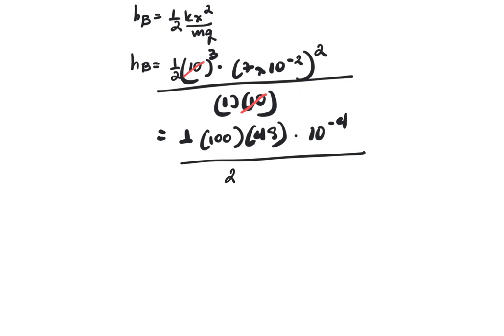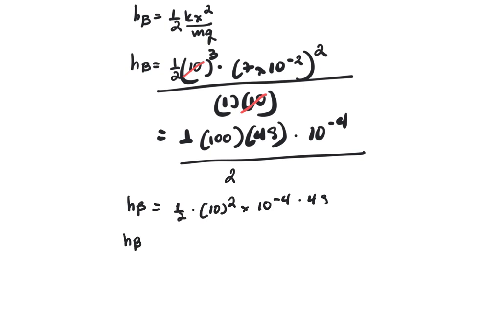Okay, all right. That becomes 110, 10, 10, 100. Let me see if I get this right. We have 1 half times 10 squared times 10 to the 4th times 49.